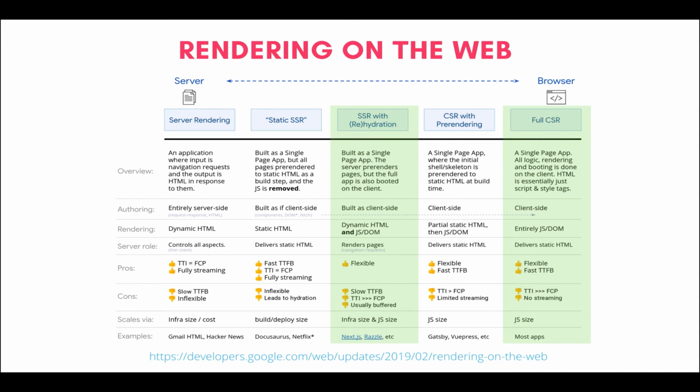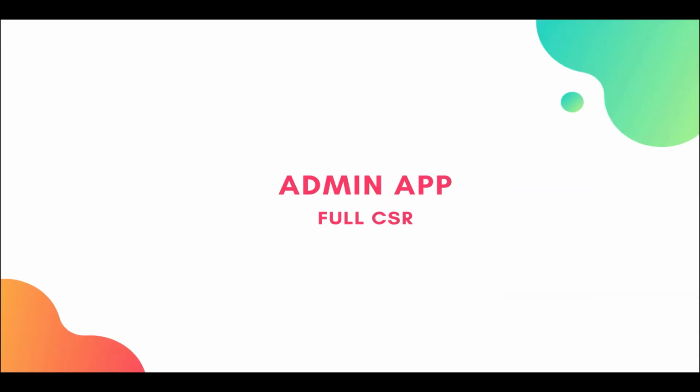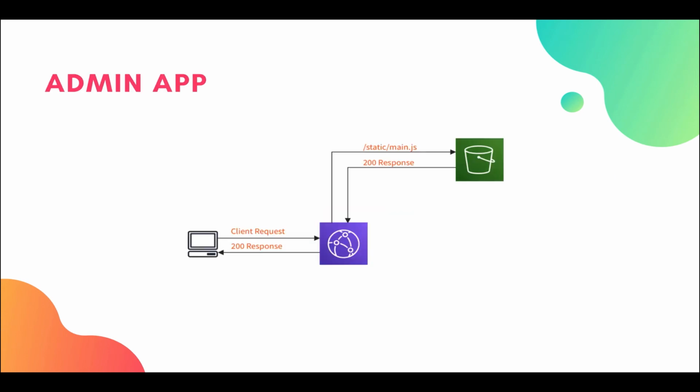So let's take a look at the cloud architecture level, what we needed to use in order to make these single-page application types work. On the admin app side, we can see a rather simple diagram showing two different resources that we needed to get the job done.